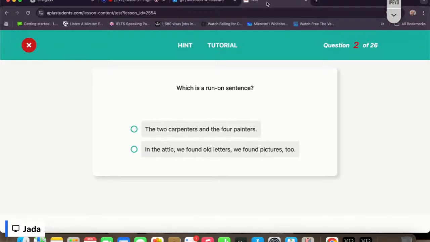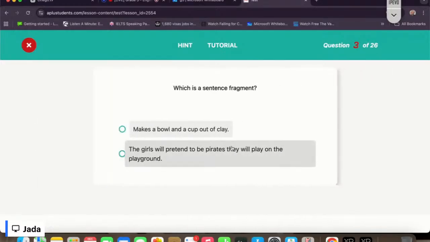All right, so the run-on sentence would be, is it the first or the second? All right, we have the second one.